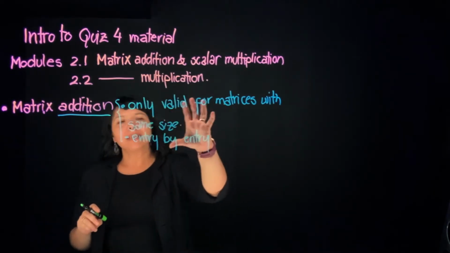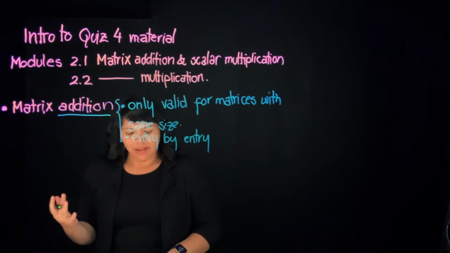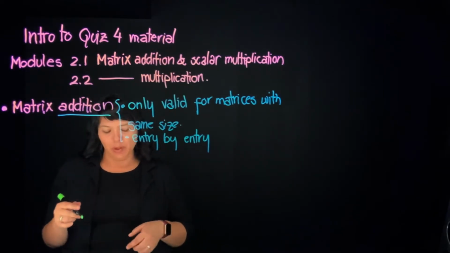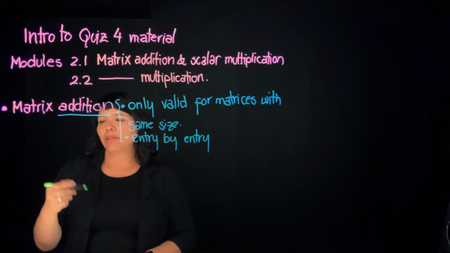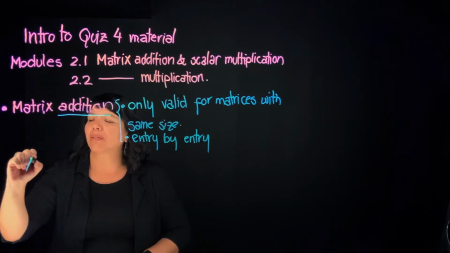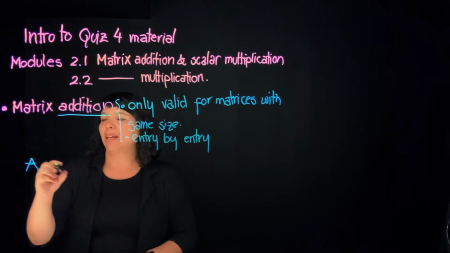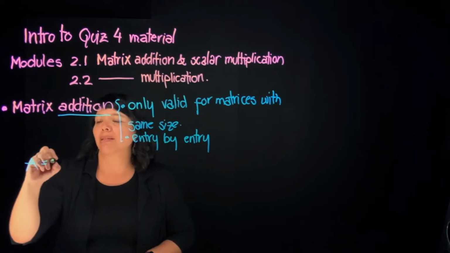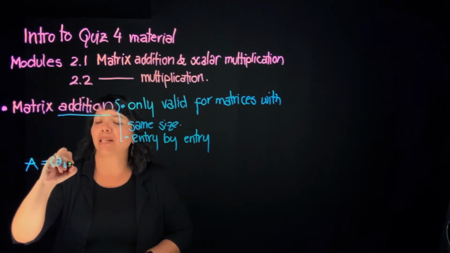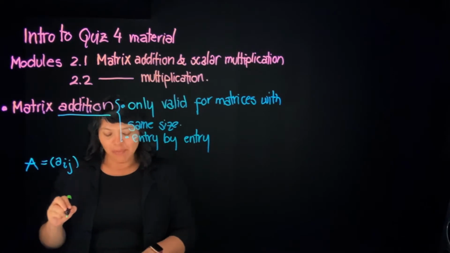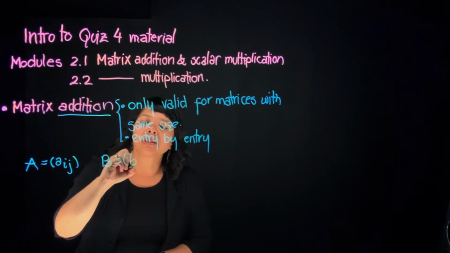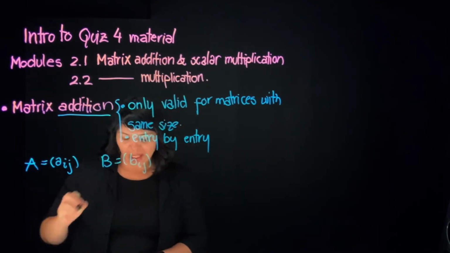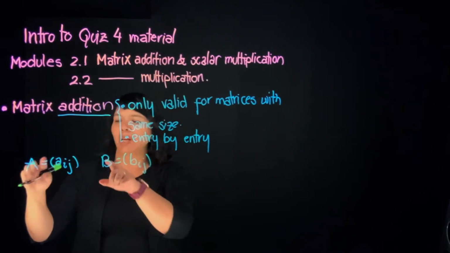Of course, this is a very informal way that I'm telling you this. In your textbook, you're going to see notation like this. Suppose that I'm trying to add two matrices. Let me call those matrix A, whose entries are denoted by a_ij, and matrix B, whose entries are going to be little b_ij.